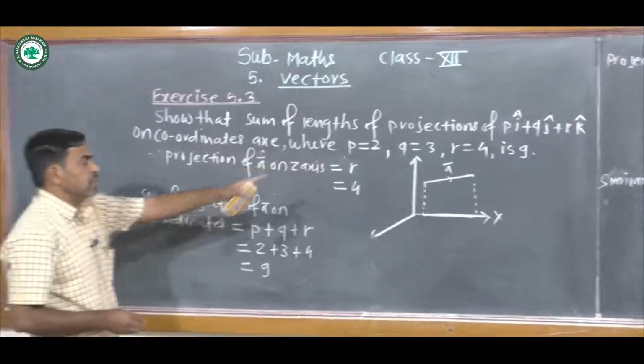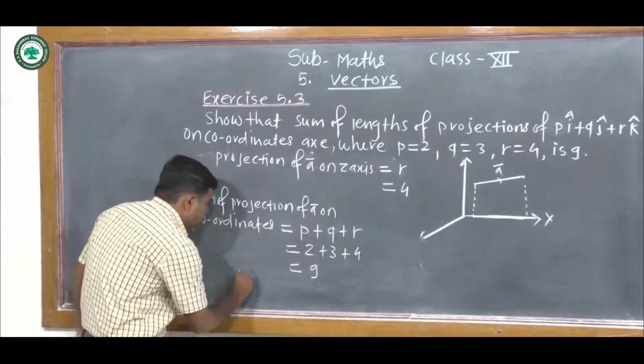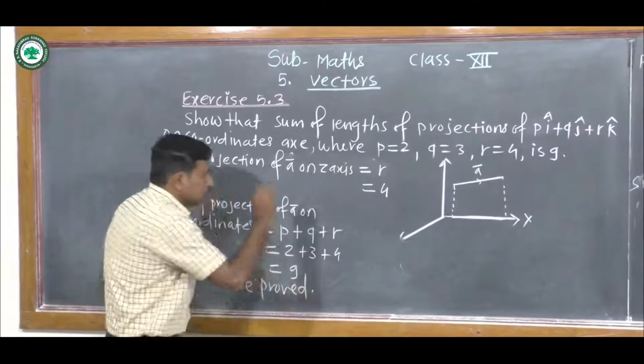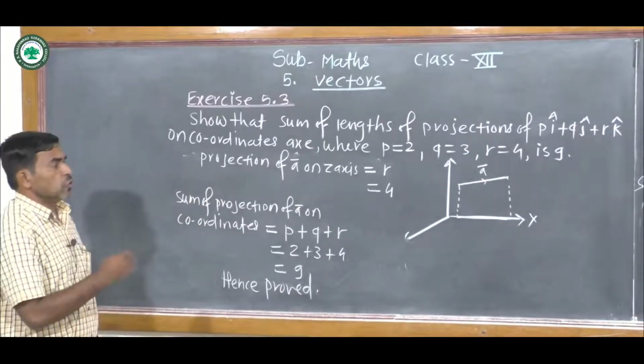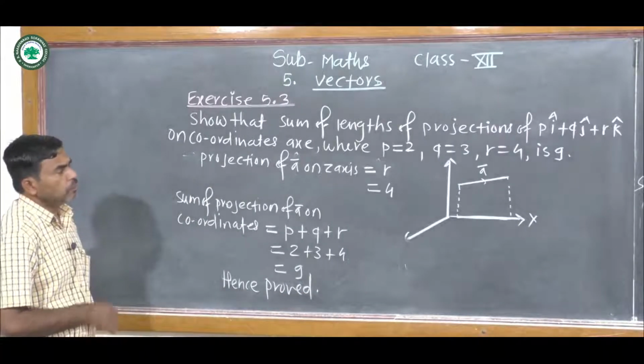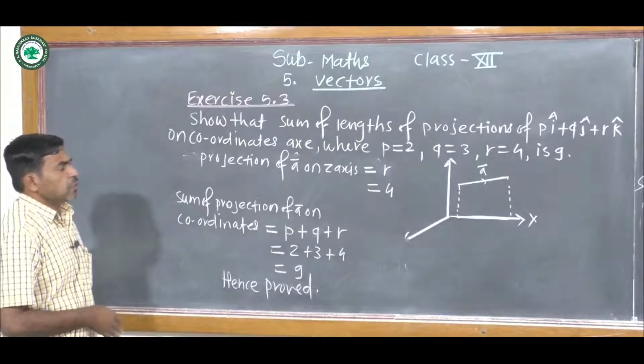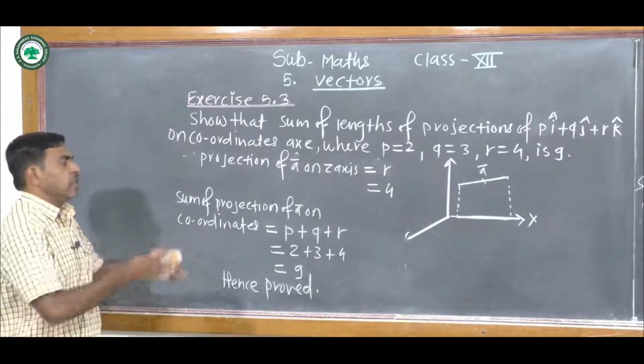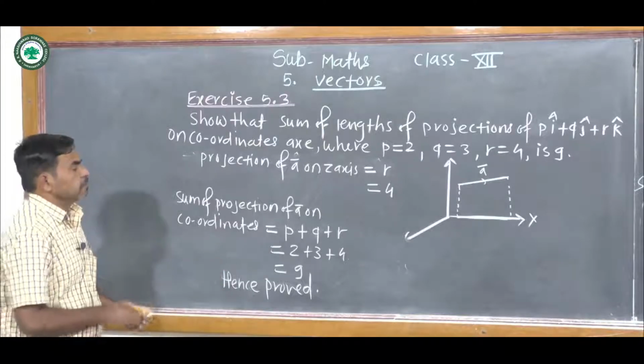The sum of the projections is 9, hence proved. So this is the complete solution for first. First, find separately the projection of A bar on x axis, y axis and z axis, and then add them together. So it is 9.